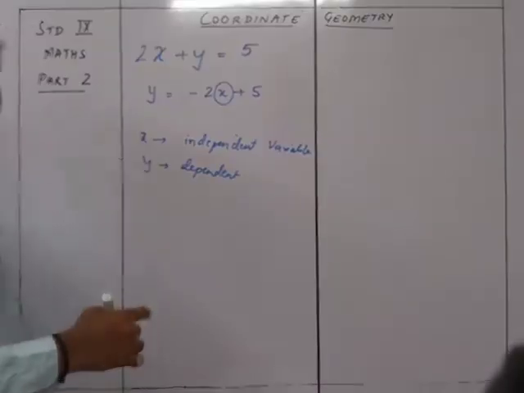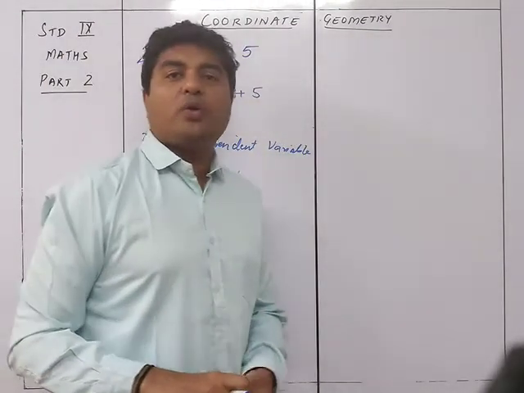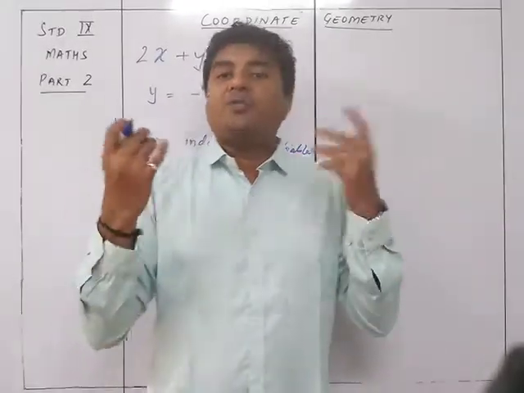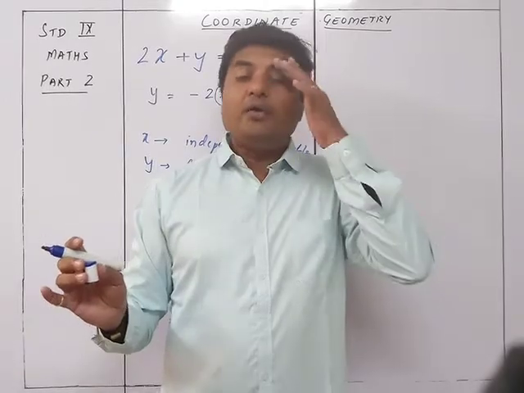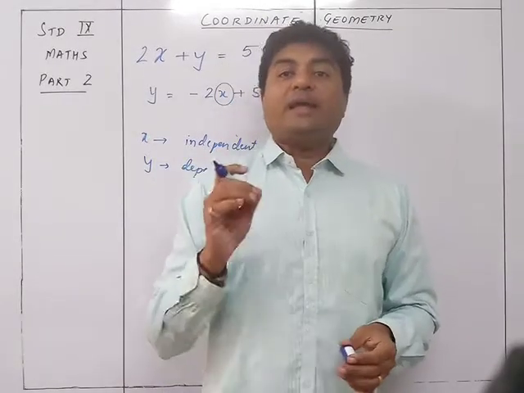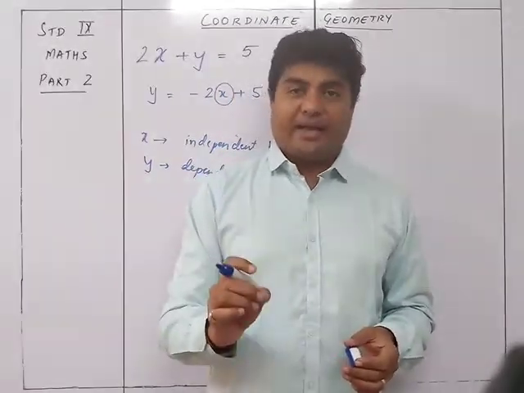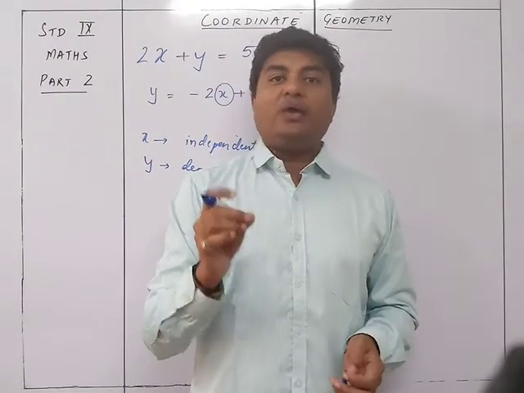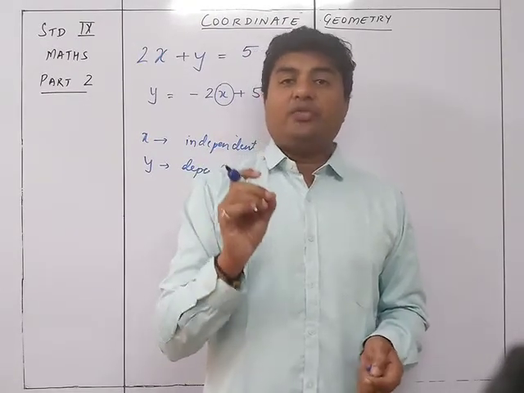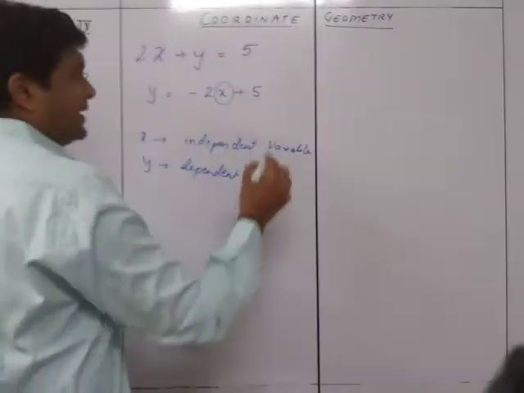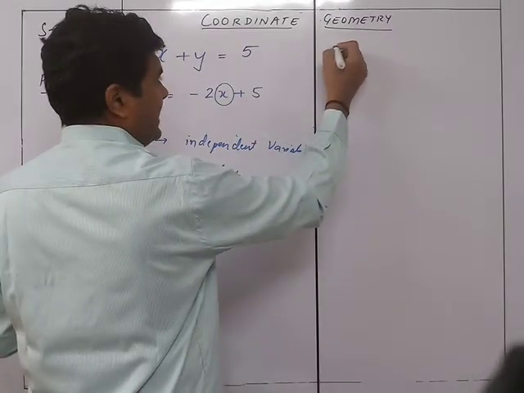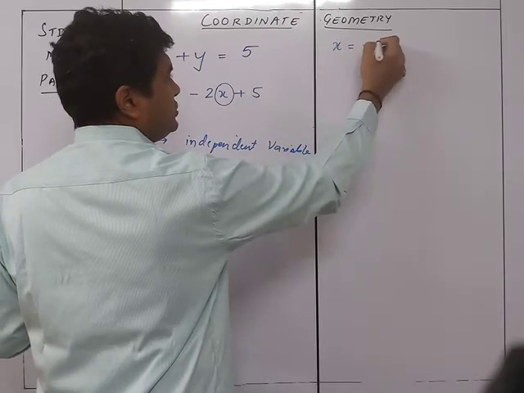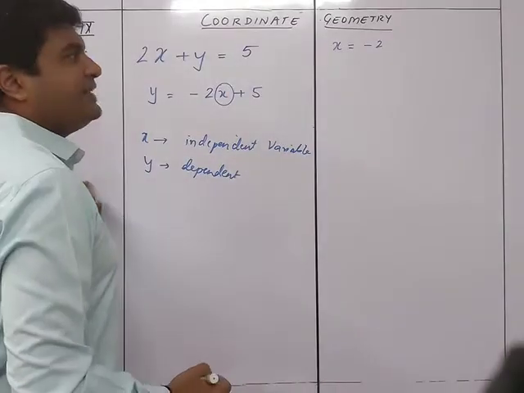Accordingly, we are going to take any three values of the independent variable of our choice, and calculate the value of y for each value of x. Let's take x is equal to minus 2.